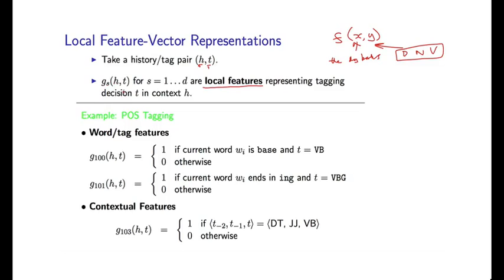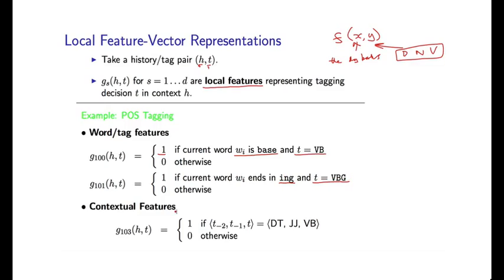Very often in natural language, these local features are binary features or indicator functions, which ask particular questions about the history in conjunction with the tag being proposed. Here are some examples we saw in the log linear tagging lecture. G100, for example, might be a feature which is 1 if the current word being tagged is the word base and the tag being proposed is VB. G101 might be a function which is 1 if the current word ends in ing and the tag being proposed is VBG.